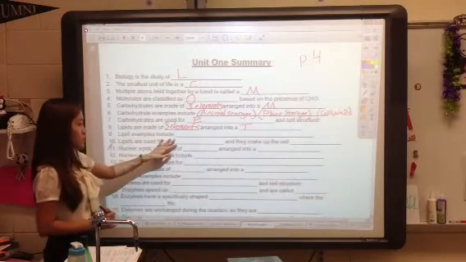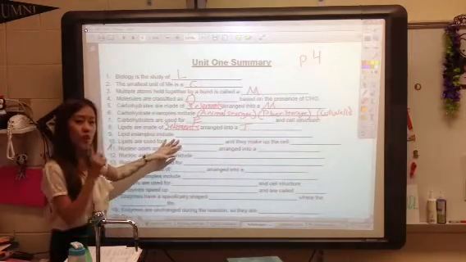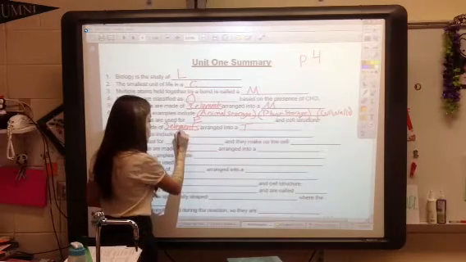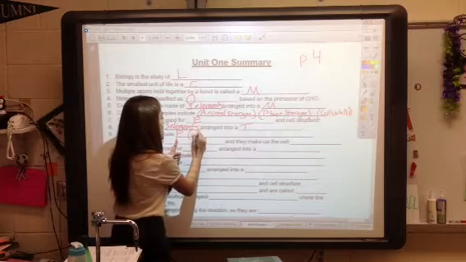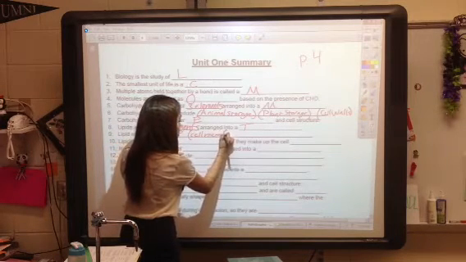Lipid examples include blank, blank. There was one very special type of lipid that starts with a P and is found in the cell membrane. It's very important.